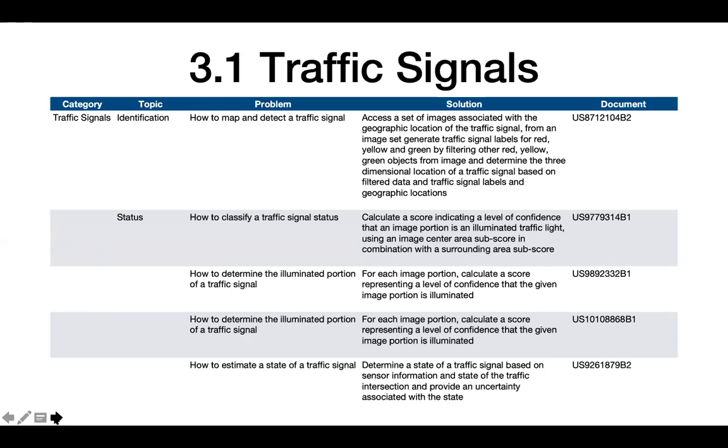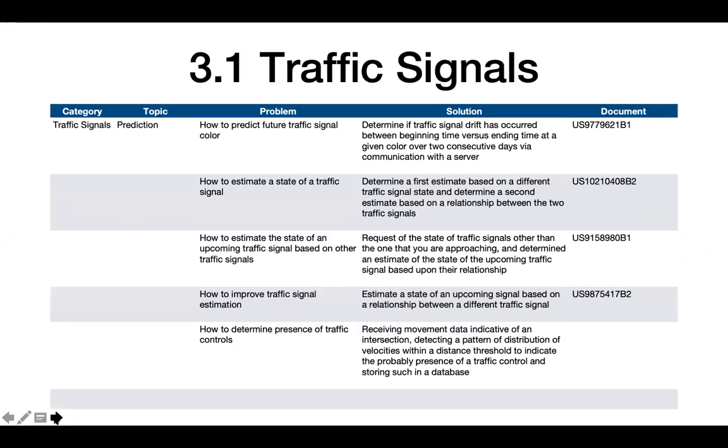We have an image portion that we have a score for the center of the portion and a score for the outer edge of the portion to see if they match up. And then the bottom one, we have a state of traffic signal based on sensor information and the state of the traffic intersection. So are the other cars moving or not? We can use that to help with our uncertainty regarding the state of the traffic signal.